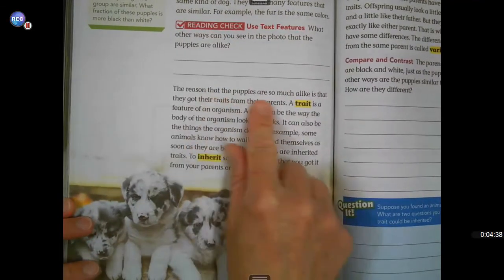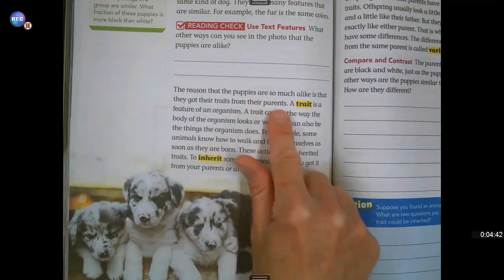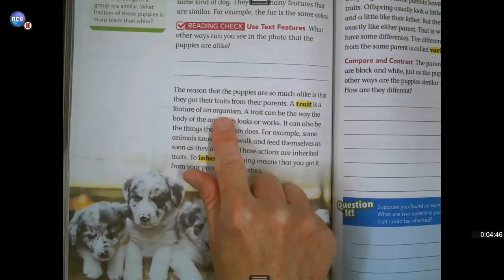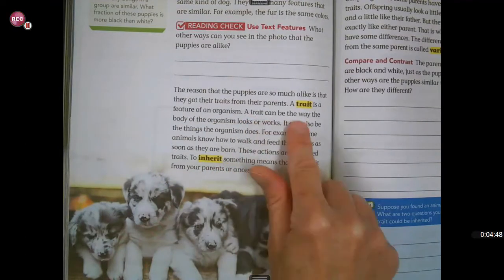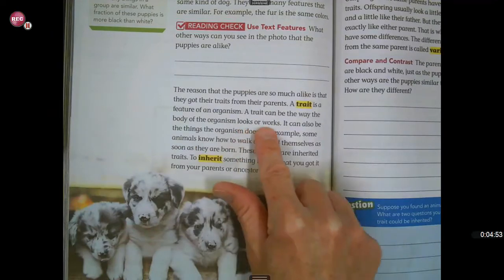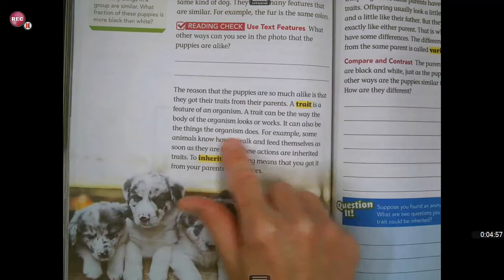The reason that the puppies are so much alike is that they got their traits from their parents. A trait is a feature of an organism. A trait can be the way the body of the organism looks or works. It can also be the things that the organism does.